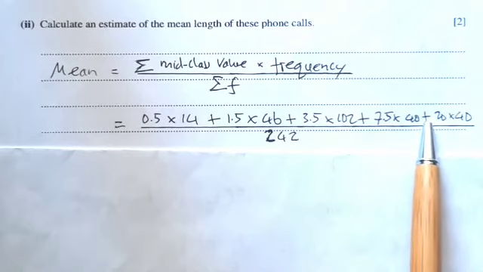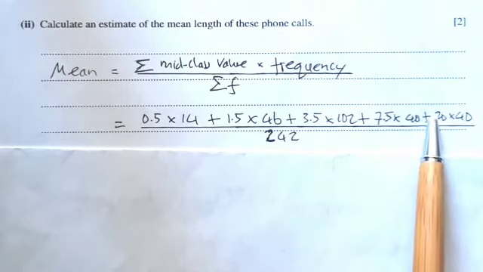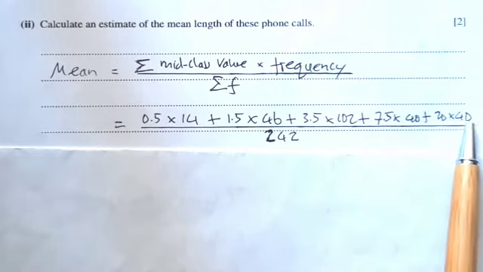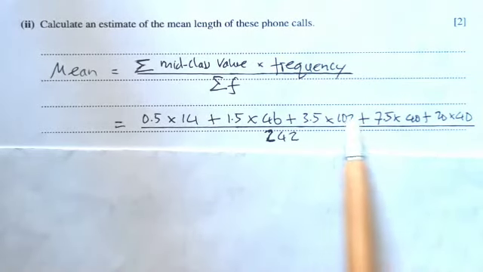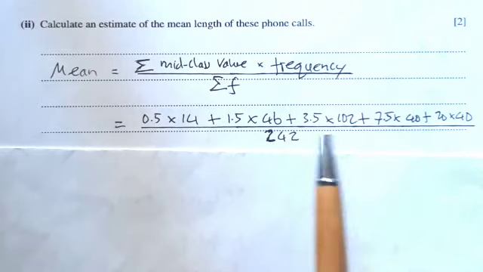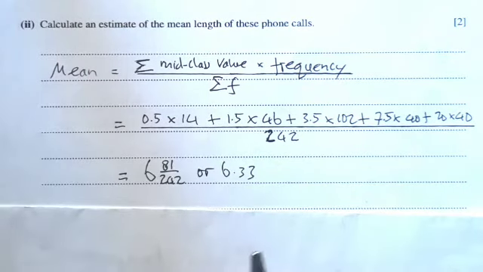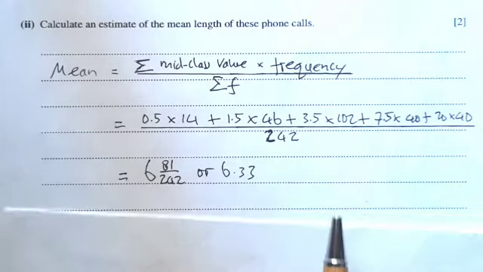And the last class, the mid value is 10 plus 30 divided by 2, that is 20, times frequency 40, divided by the sigma frequency 242. The mean is 681 over 242, or 6.33 to 3 significant figures.